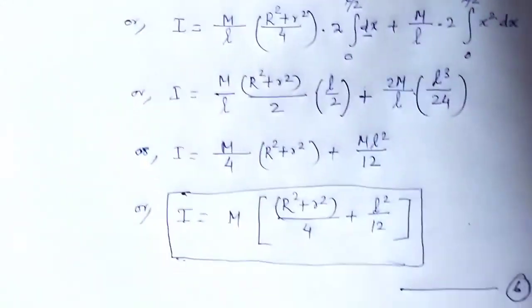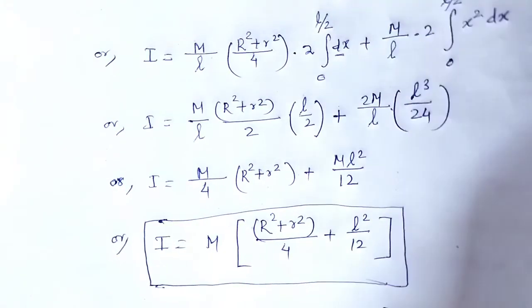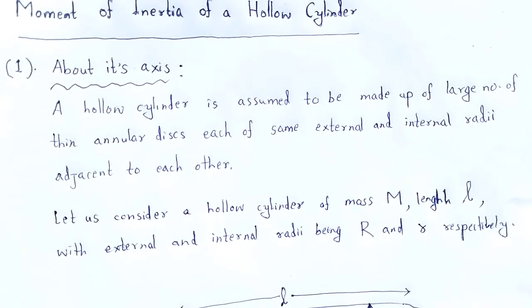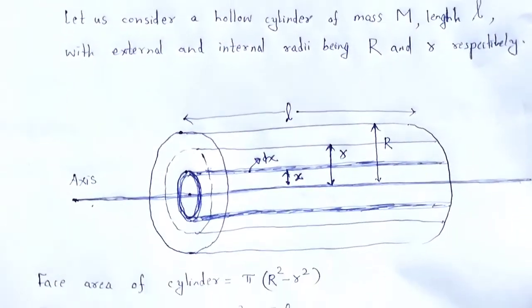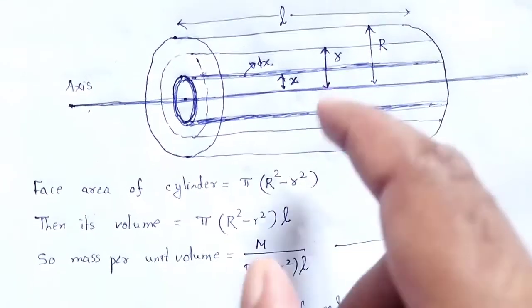So with the help of this video lecture we discuss it one by one, that is the moment of inertia of a hollow cylinder. First case, about its axis, we take the hollow cylinder and take an elementary portion.